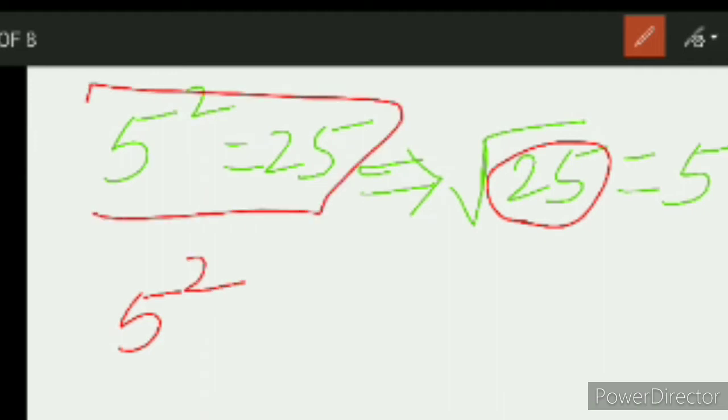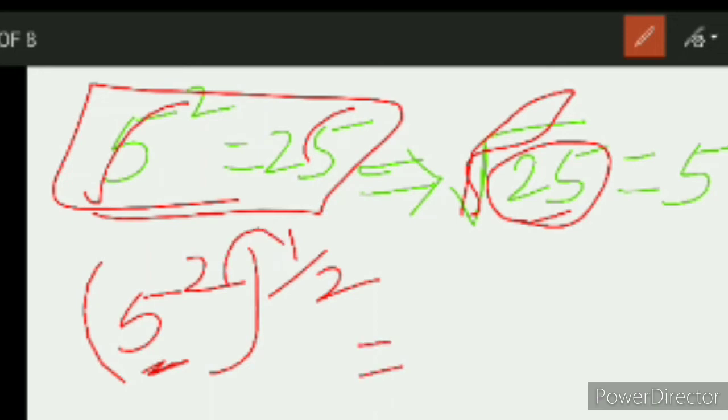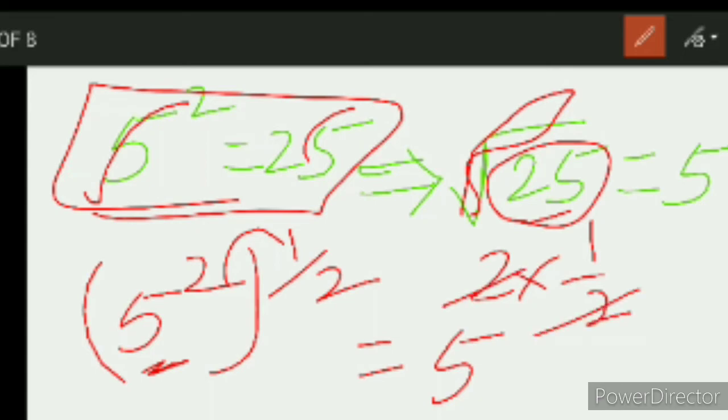Here it is given, no? 25 equals 5 square. Square root, that 25 I have written as 5 square. That square root sign, instead I am writing 1 by 2, it is index form. Got it? Now multiply these two powers. 5 to the power 2 into 1 by 2. The 2 cancel. 5 to the power 1 value is this 5.